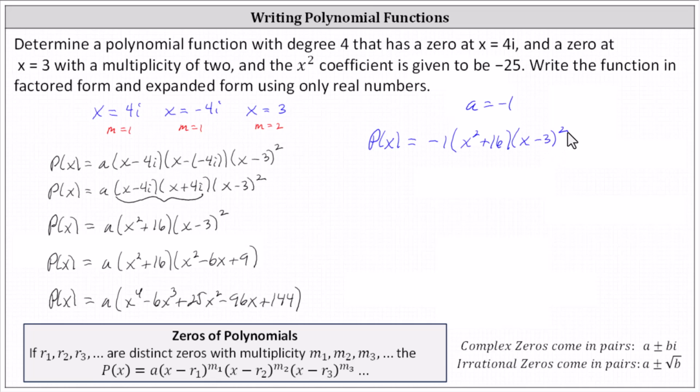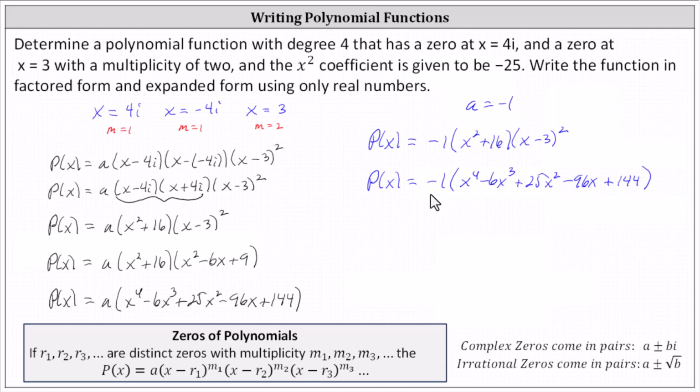And then in expanded form, we would have p of x equals negative 1 times x to the fourth minus 6x cubed plus 25x squared minus 96x plus 144.